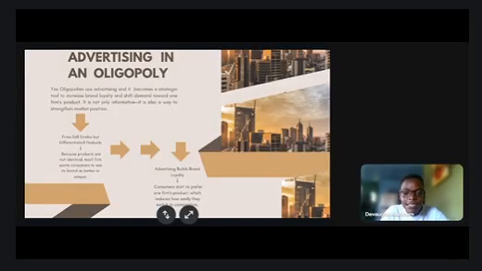Next, we have advertising in an oligopoly. Oligopolies use advertising as a strategic tool to increase brand loyalty and shift demand toward one firm's products. It is not only informative, it's also a way to strengthen market position. Advertising is really essential in oligopolies.